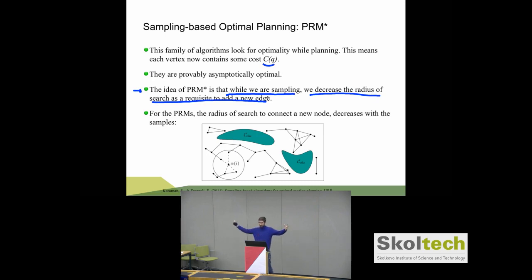So we start with a very large radius, and then we start decreasing this, right? So if we do this, then at the end we'll get kind of the resolution that we need, and the path is going to be optimal, right?